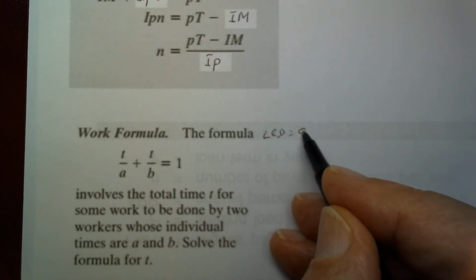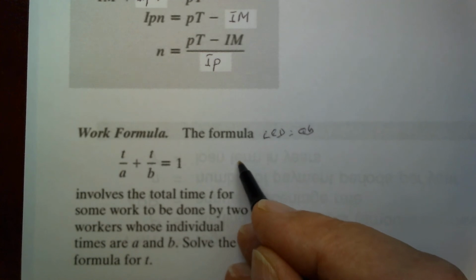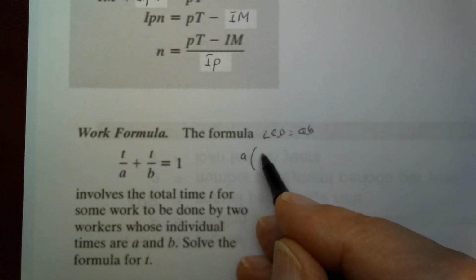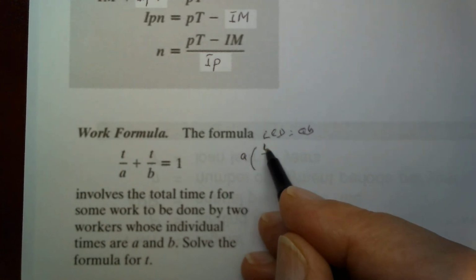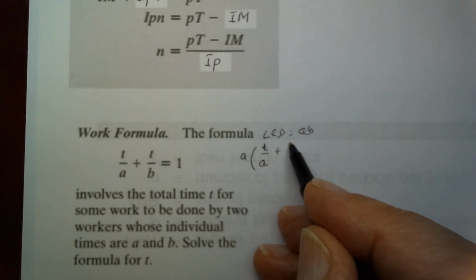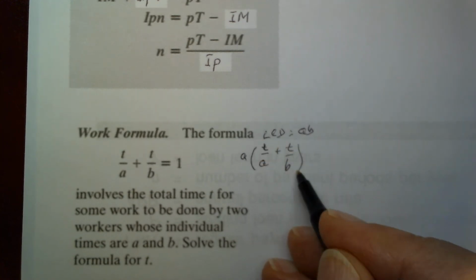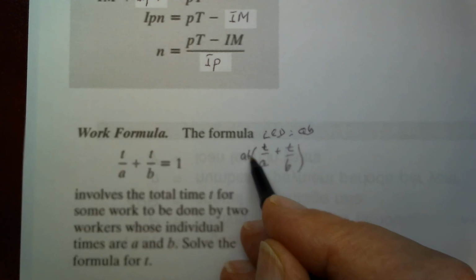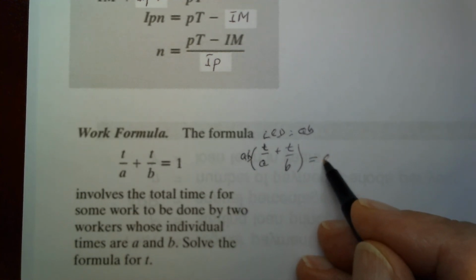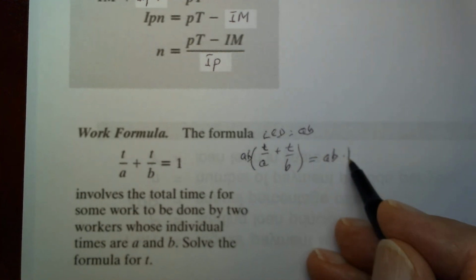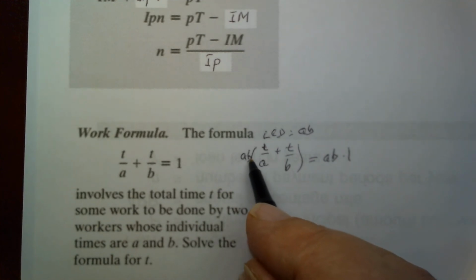So the LCD is AB. Then AB times T divided by A plus T divided by B equals AB times 1. So then we use the distributive property.